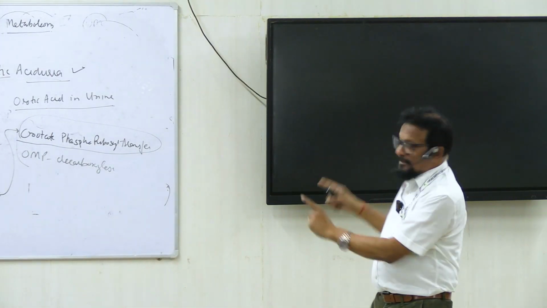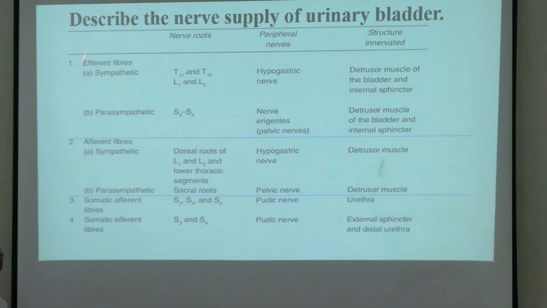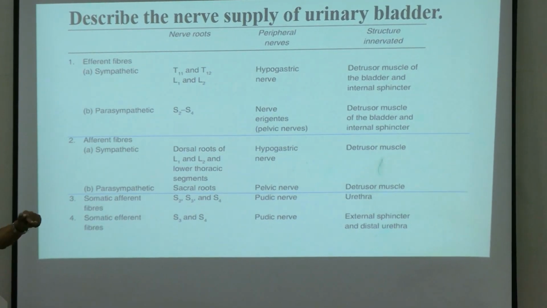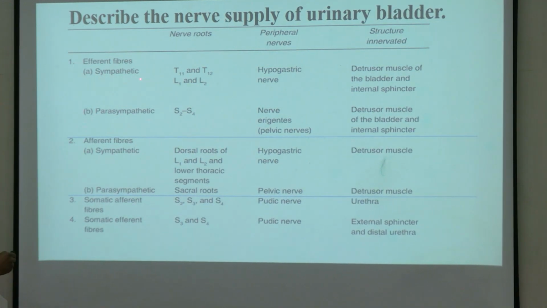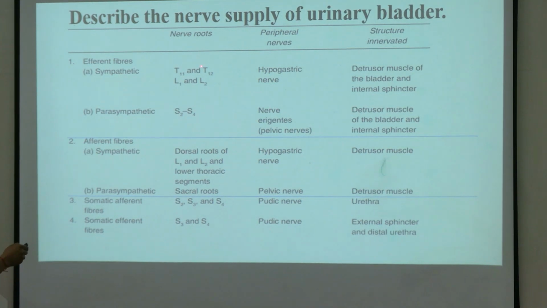If you go through this table, you will find what this is. This is the sympathetic efferent direction going to the bladder. There are efferents from sympathetic, efferents from parasympathetic. So what is the nerve root?